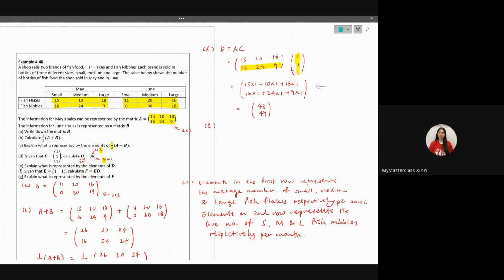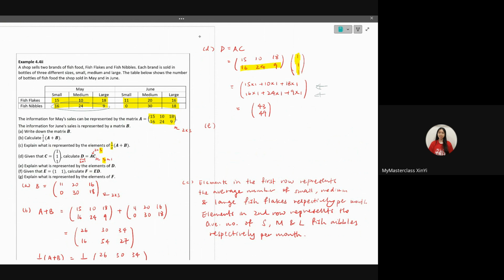When you take 15 plus 10 plus 18, this is basically adding up the total number of fish flakes sold in May. And then the second row here, you are just adding up the total number of fish nibbles sold in May.